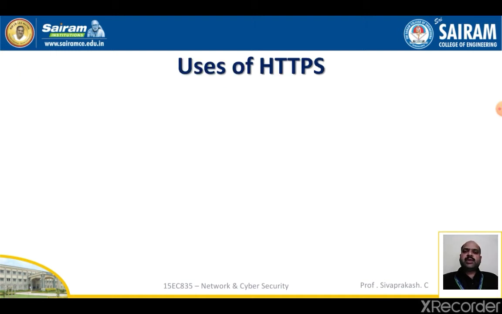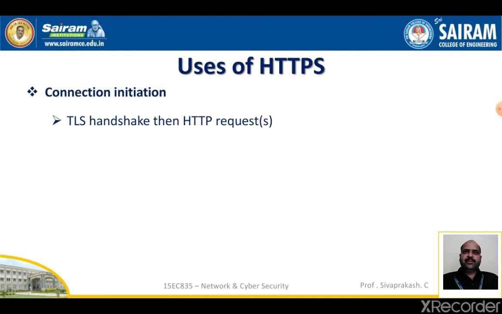Let's discuss the uses of HTTPS. For HTTPS, the agent acting as an HTTP client also acts as the TLS client. The client initiates a connection to the server on the appropriate port and then sends the TLS client hello to begin the TLS handshake.